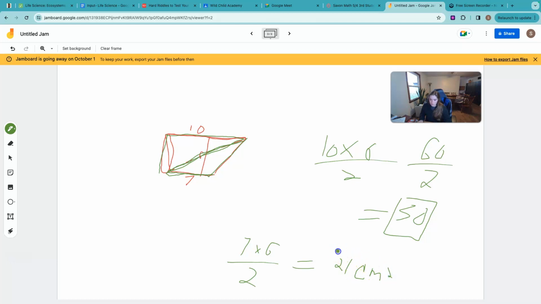Say our dimensions are in centimeters, it'd be 21 centimeters squared. But we need to add it to this 30 here. So 30 plus 21 would be 51 centimeters squared. That would be your answer. So we've just found the areas of the 2 triangles made through this trapezoid here.